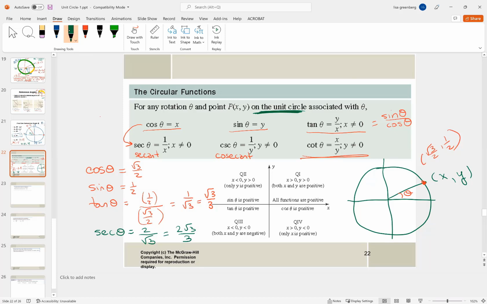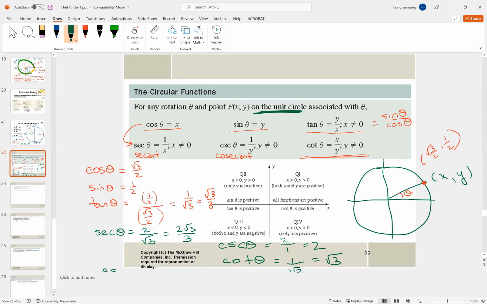The reciprocal of the sine is the cosecant, and so if the sine is 1 over 2, the cosecant is 2 over 1, which is 2. And as far as the cotangent, it's going to be the reciprocal of 1 over the square root of 3, which is really just the square root of 3. So basically, that's how they work.